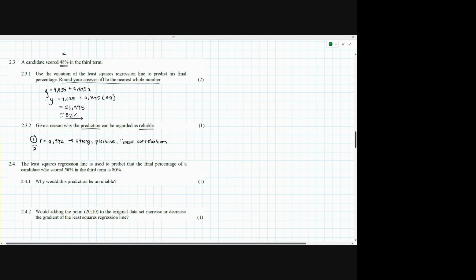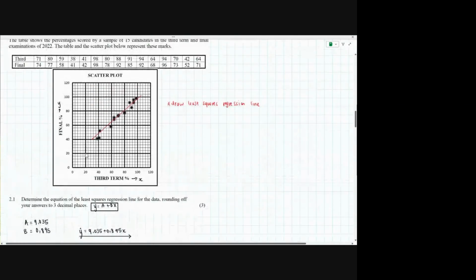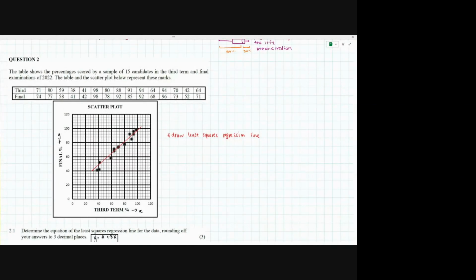Reason number 2 is exactly what I just said now. This value of 48 falls within the domain of my data set. So if I have a look here, my 3rd term marks go from, what was the lowest that we had? 41. Yes, 41 to 90 something.